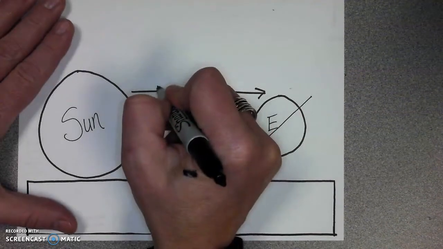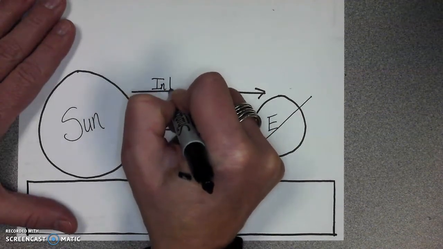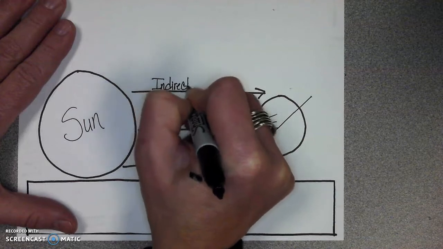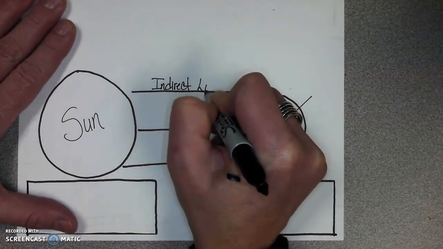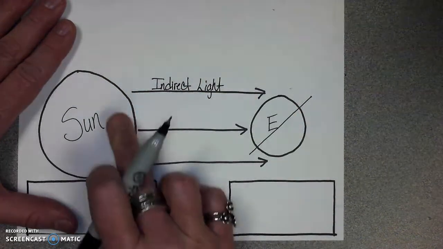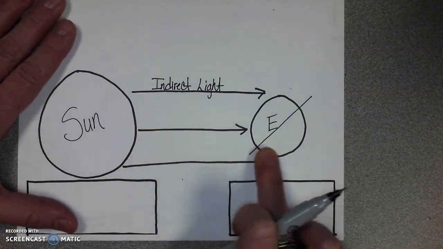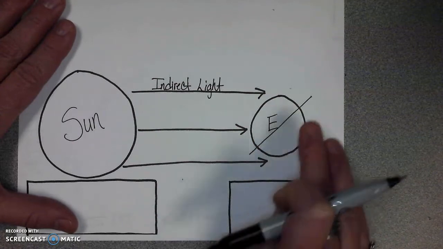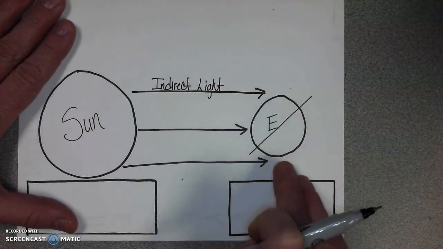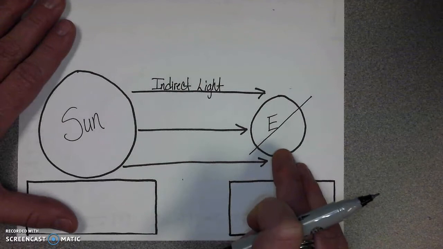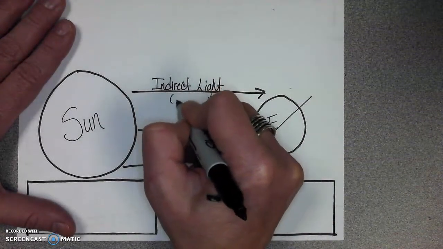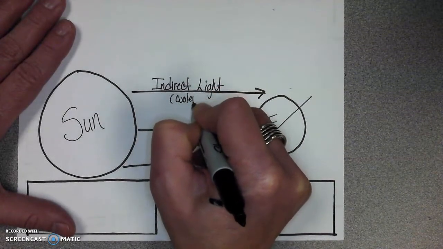When our sun is hitting the earth, it hits it with indirect and direct light. So on this top line, we're going to put indirect light. Because if you look, the sun is kind of hitting more of the edges. It's not hitting straight on. It is still getting sunlight, obviously, but we're not hitting it directly. So this is going to give us some cooler weather.